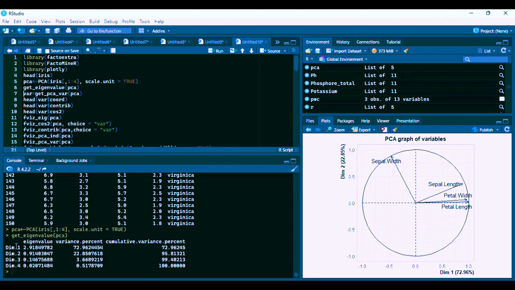Each eigenvalue, for example, for dimension 1, with eigenvalue equal to 2.9, tells us how much information a component contains. So the first dimension has the highest information, and the Kaiser rule helps us decide which dimensions and how many dimensions we need to retain.